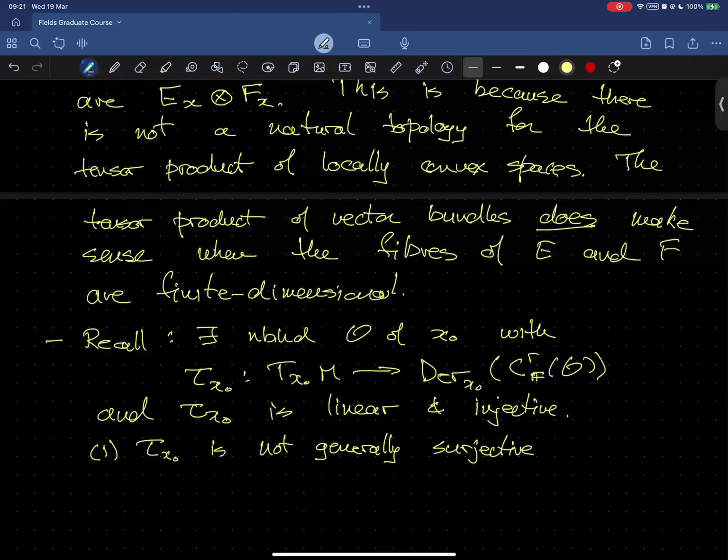It can be shown to be surjective, I forget, certainly for manifolds that are modeled on Hilbert spaces, and I forget whether it's true for manifolds modeled on an arbitrary Banach space.